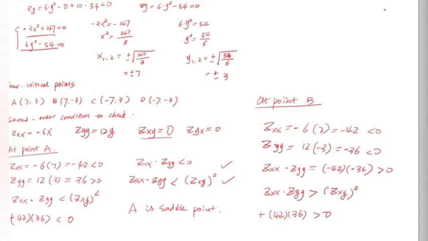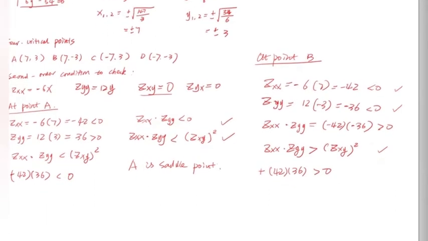So if these two conditions are smaller than 0, and this condition is greater than zxy to the power 2, if these conditions are checked, we will know this point is the maximum. So B is maximum.